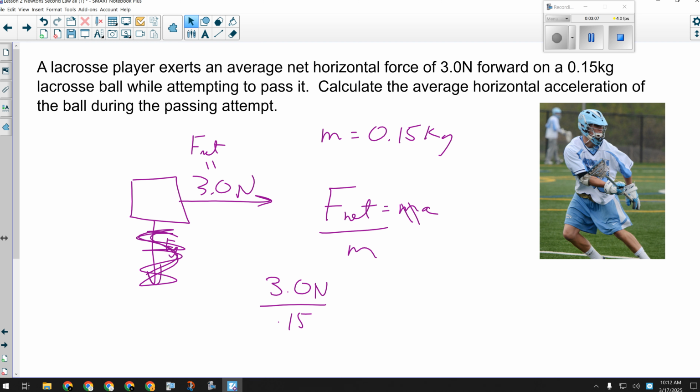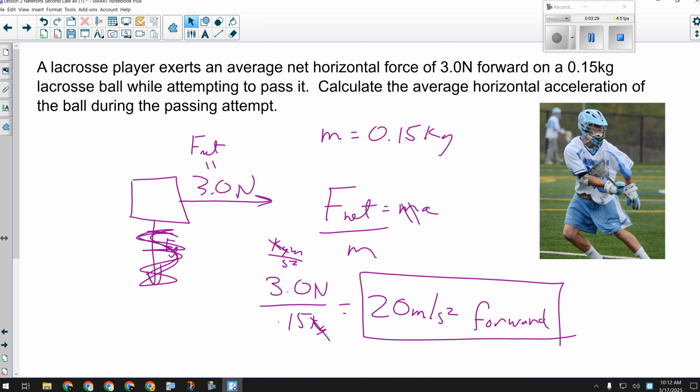This is newtons, this is kilograms. Remember that a newton is a kilogram meter per second squared, so the kilograms are going to cancel. I'll be left with the units for acceleration, and it should be 20 meters per second squared forward on that one.